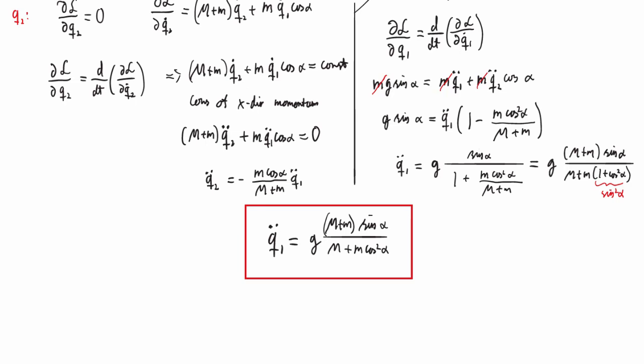Now, we should always be in the habit of checking it. First of all, we have an acceleration equal to an acceleration times mass divided by mass, so it has the right unit. Let's check a couple of special cases.